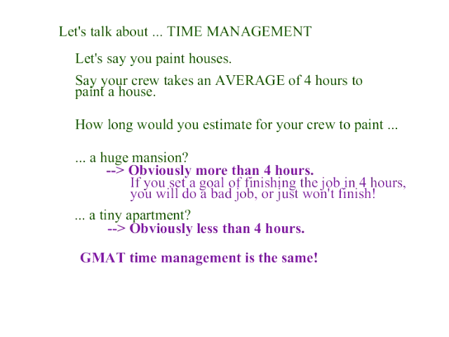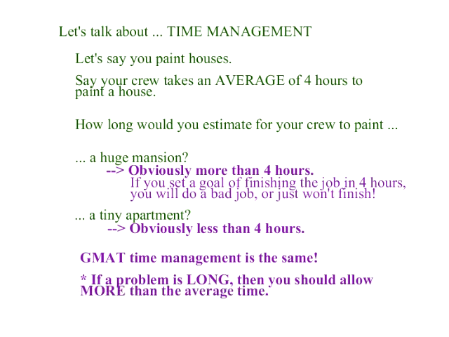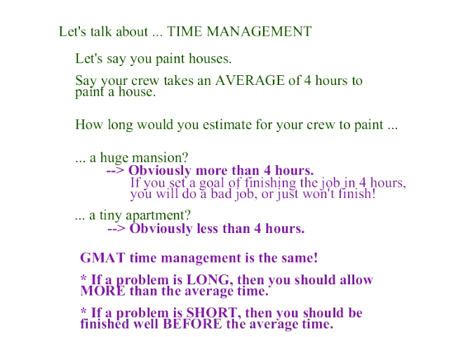So if a problem is long, then you should allow more than the average time. And if a problem is short, then you should be finished well before the average time. And that's how the average becomes an average.